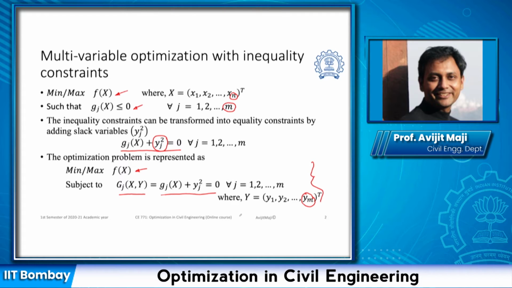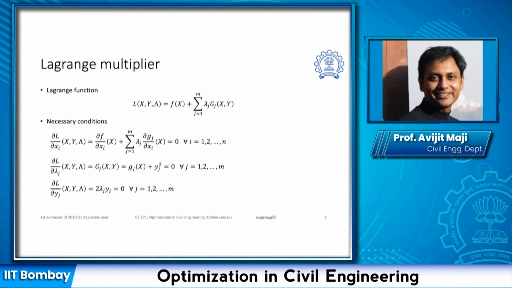Now with the converted optimization problem, if we use the Lagrange multiplier, we can easily convert it as follows. First of all, the Lagrange function is going to look like this, where we have three different variables right now. This is my decision variable or design variable, this is my slack variable, and this is my Lagrange multiplier.